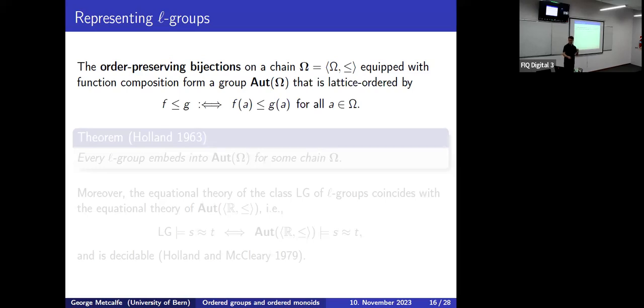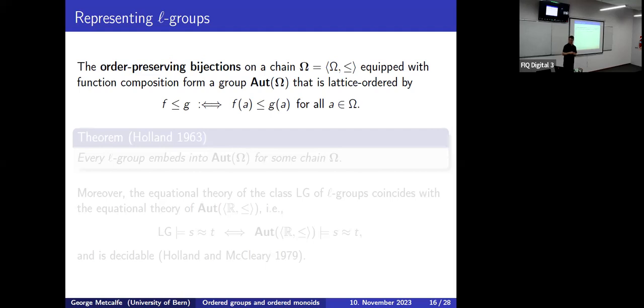So you take two order preserving bijections f and g, and you say f is less than or equal to g if and only if f of a is less than or equal to g of a for all points a in Omega. And then the meet and the join are just obtained by taking the minimum and maximum of the values of f and g at each point.